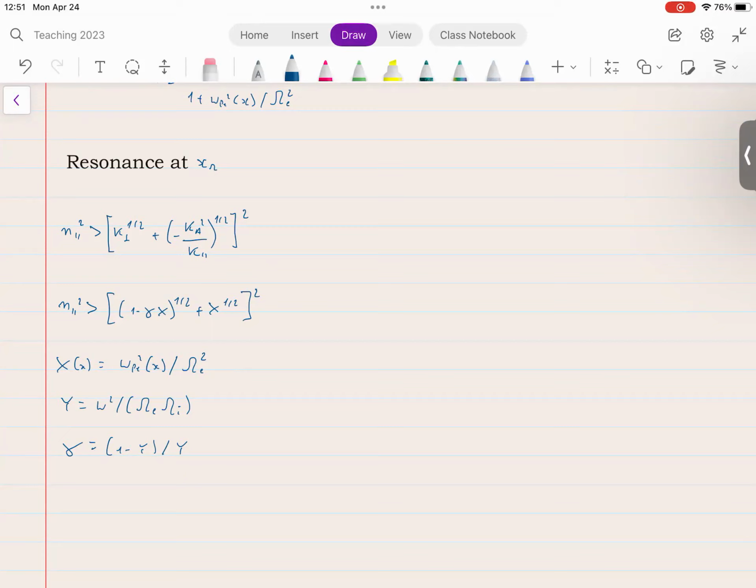The function on the right hand side of this expression has a maximum. Can easily figure that out.